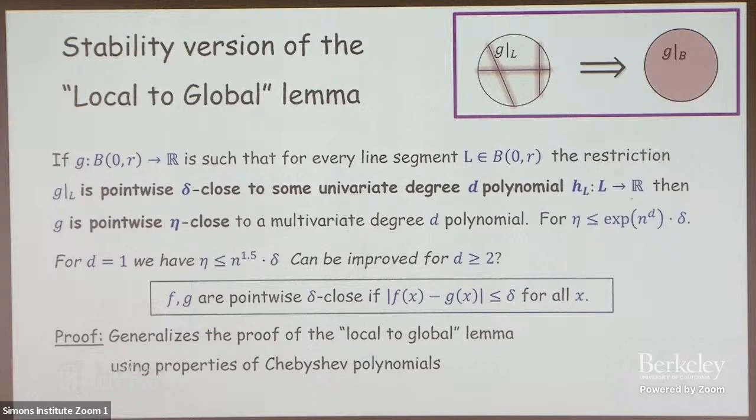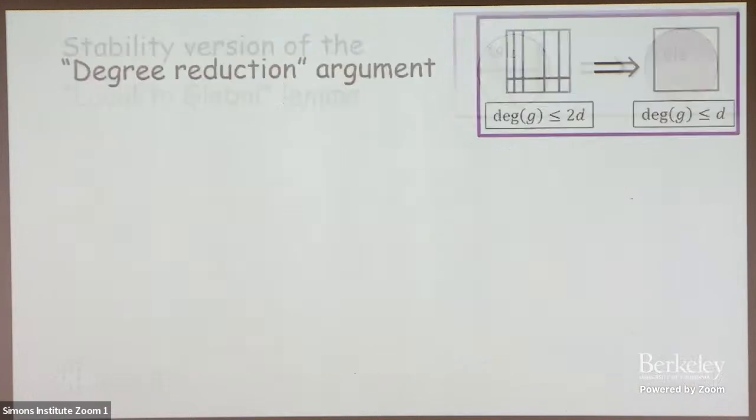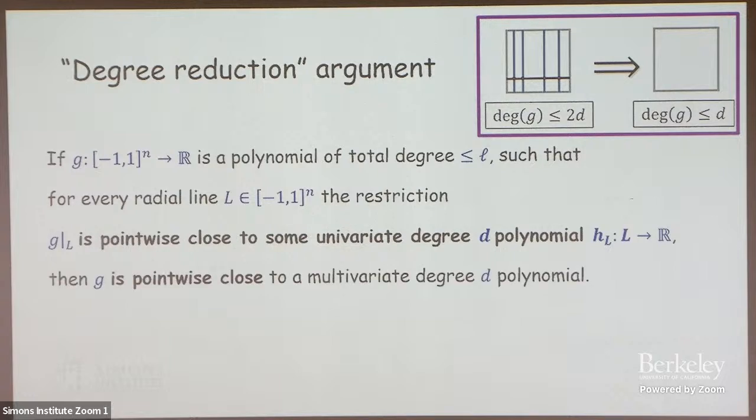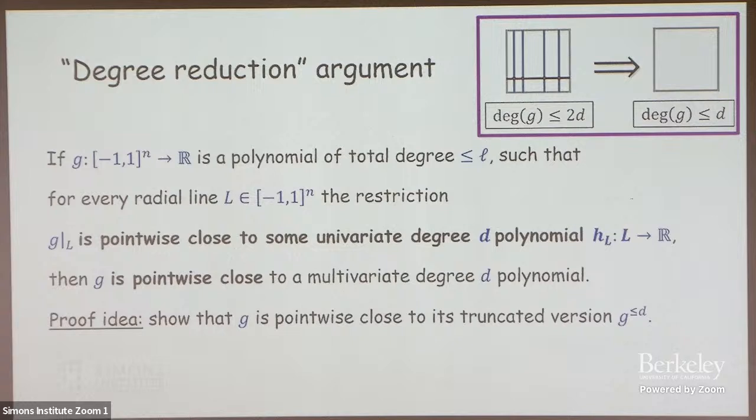The proof goes along the same line, but we use properties of Chebyshev polynomials. The degree reduction argument becomes more complicated. The main idea is that we get a multivariate polynomial of large degree, and we want to reduce it.